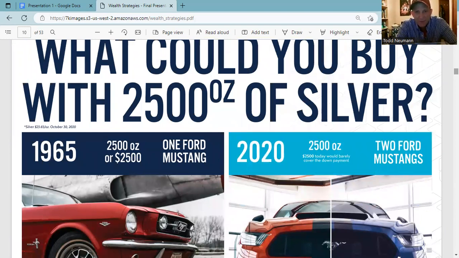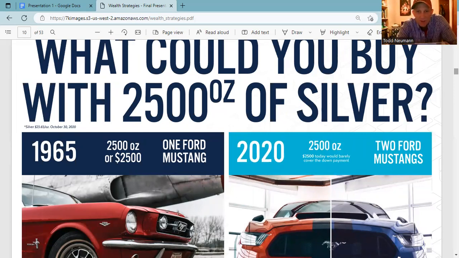Back in 1965, $1 could buy one of these. So in 1965, as you see on the screen there, 2,500 ounces, or 2,500 of these, could buy a Ford Mustang.